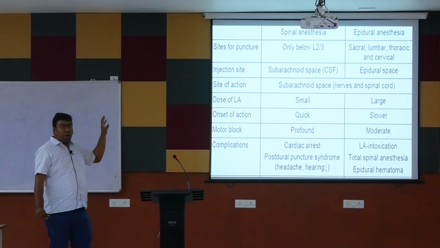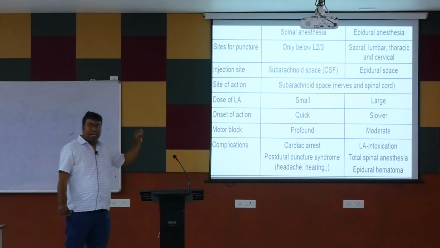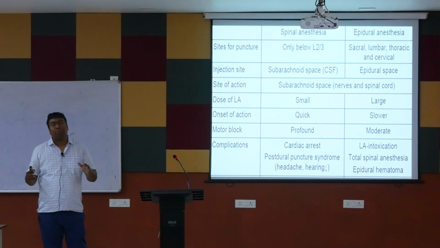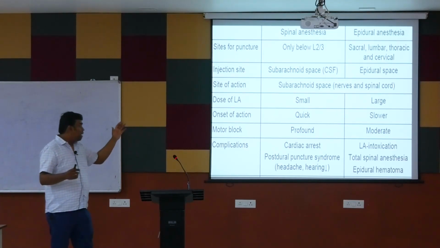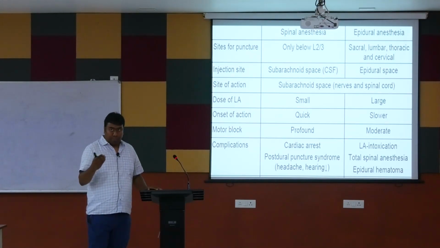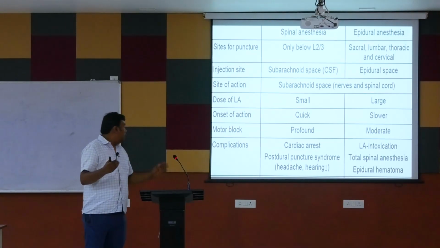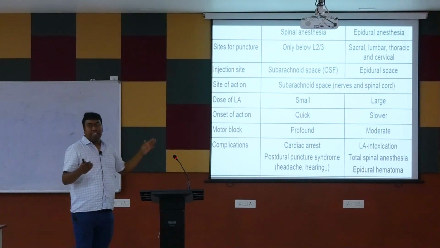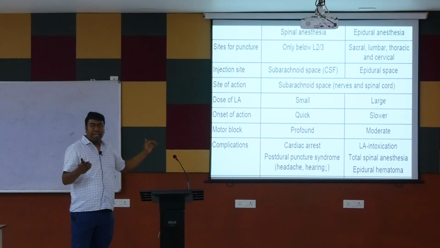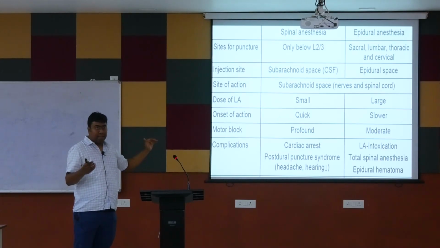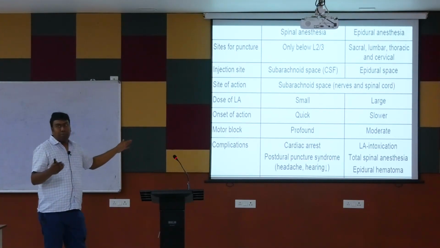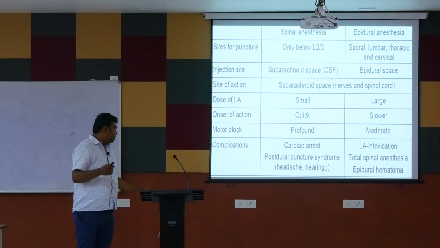Because we already penetrate the dura, spinal anesthesia requires a smaller amount of drug, whereas in epidural it is large. Epidural has a slow onset of action, and spinal anesthesia is early or quick. Motor block is more prominent in spinal anesthesia, and moderate or less in epidural anesthesia.